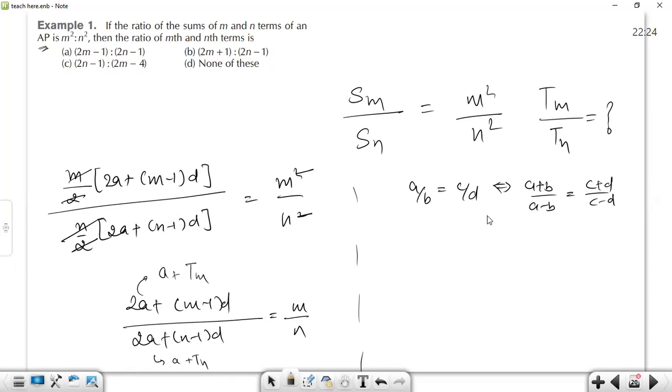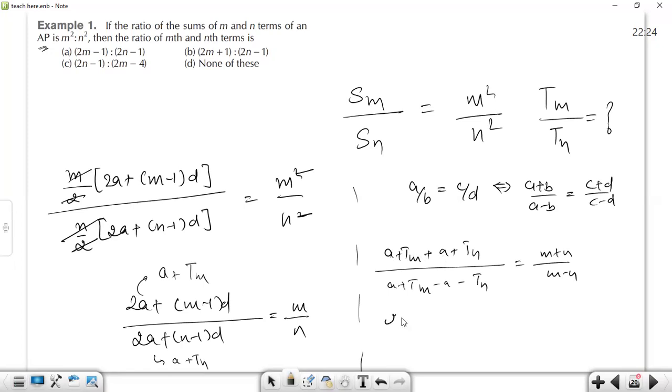Okay, let's do it. Let's try. So (a + mth term) plus (a + nth term) divided by (a + mth term) minus (a + nth term) equals (m + n) divided by (m - n).